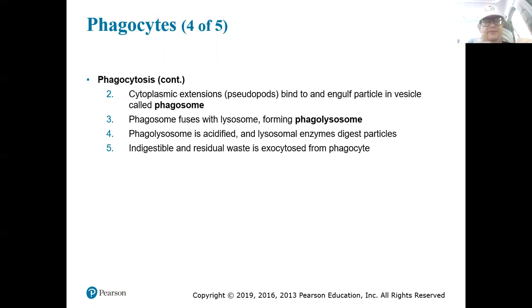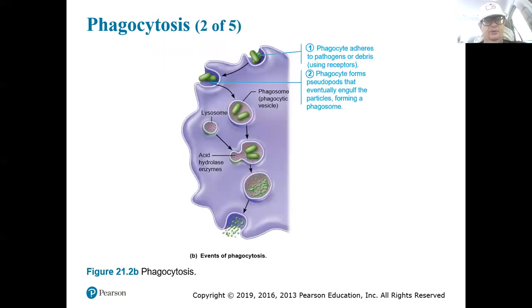And when they fuse and those are spilled out, we call it a phagolysosome. So phagosome plus lysosome, mobile stomach, come together, and then you have a phagolysosome. And it's whatever was inside that needed digesting plus all the acid and enzymes. It's all together. And then we'll get rid of the waste.